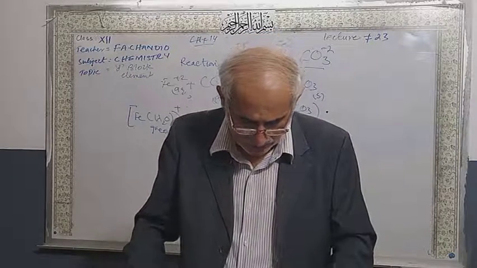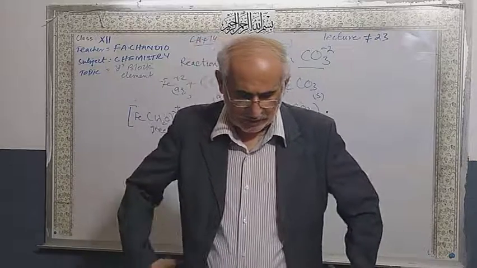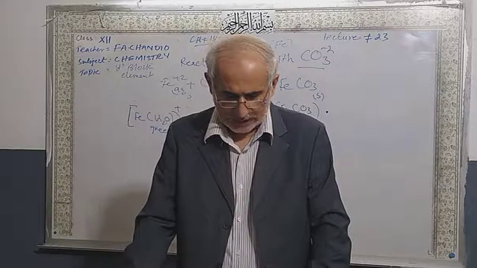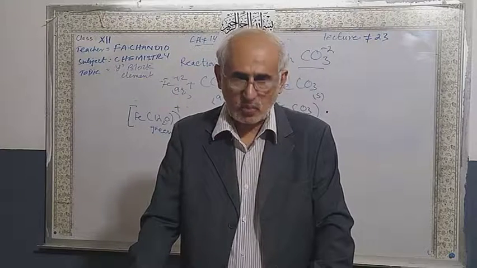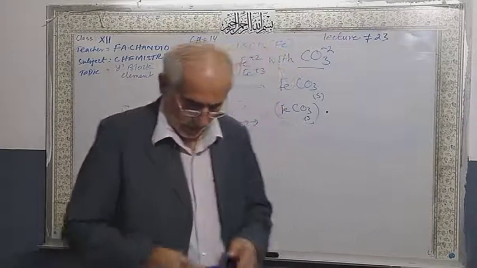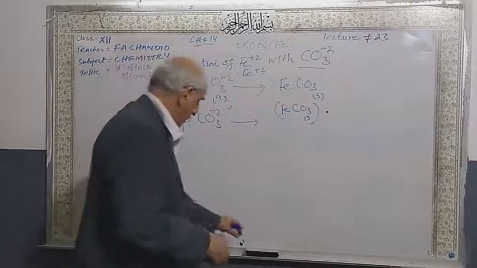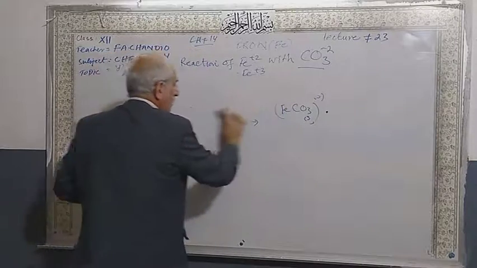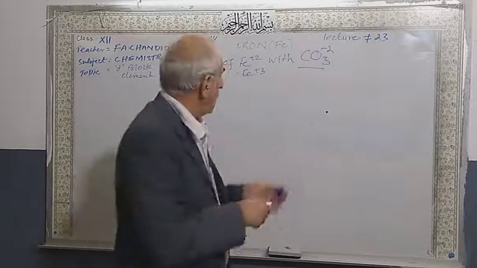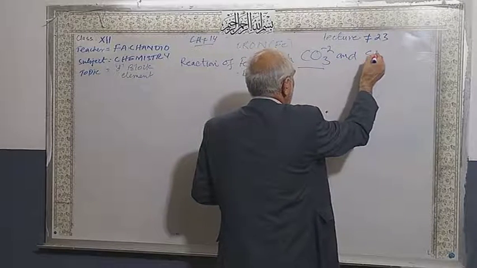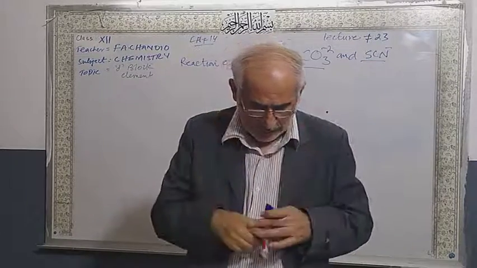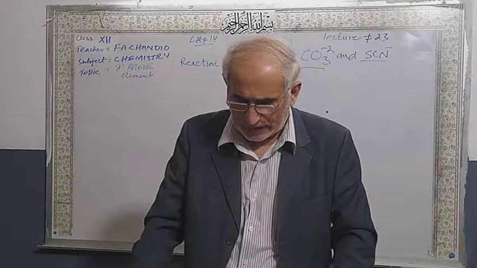Now the next reactions are reactions of iron 2 and iron 3 ions with the carbonate ions and thiocyanide ions. So iron 3 ions and carbonate ions.